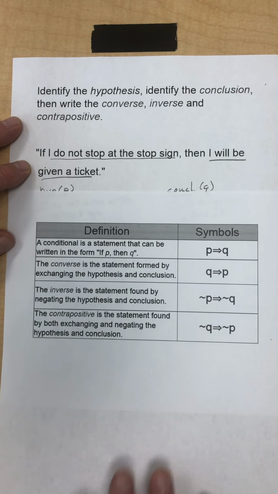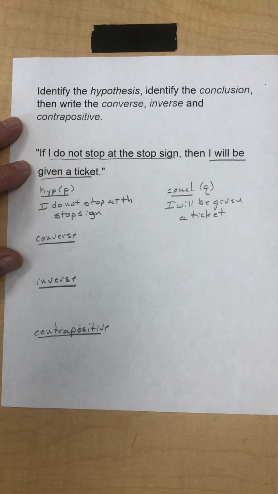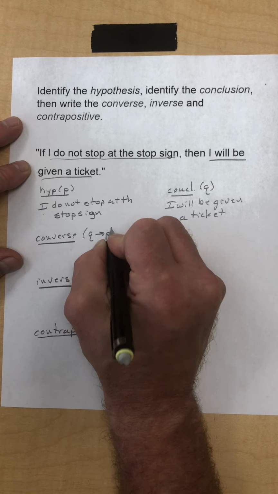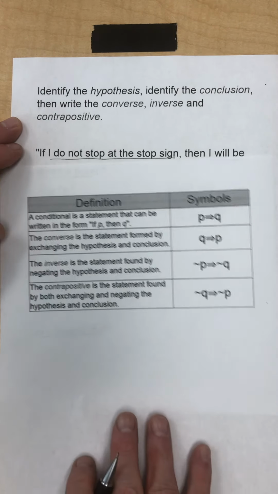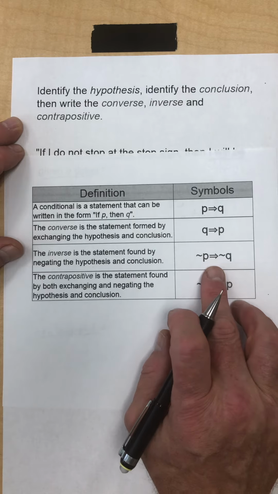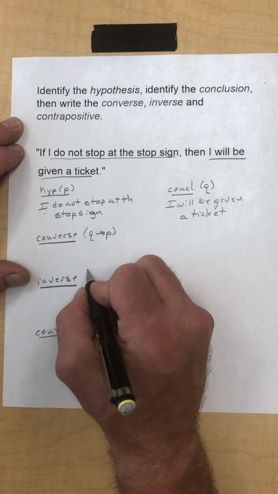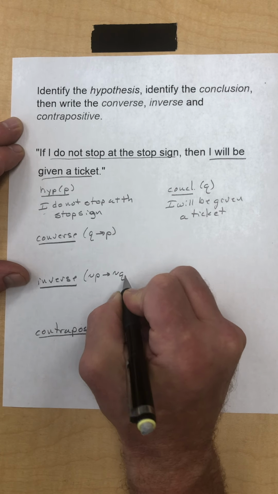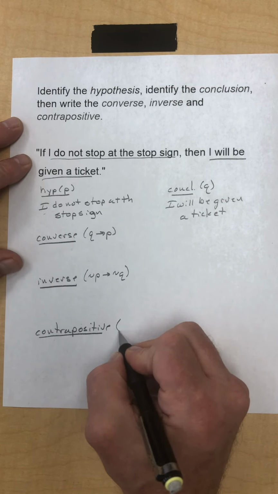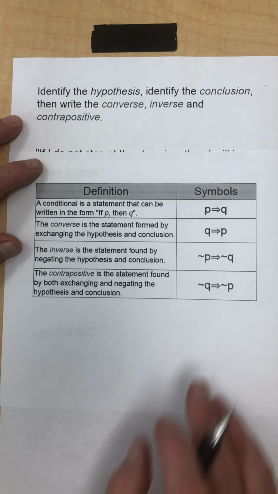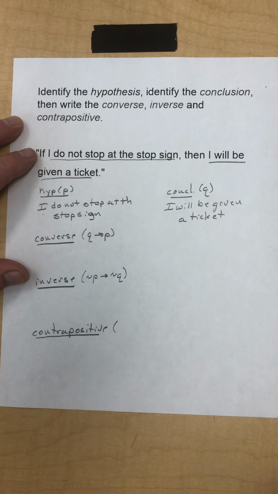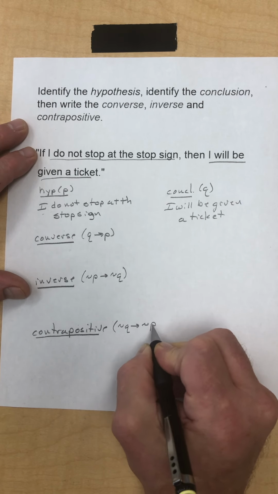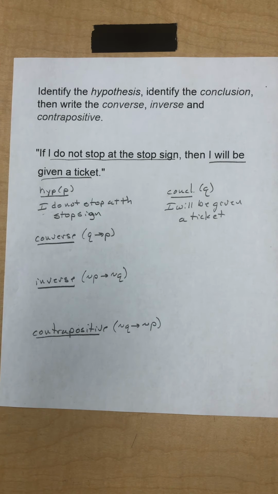For the converse, we don't negate anything, we just switch: if Q, then P. For the inverse, we don't switch them, we just negate them: if non-P, then non-Q. And for the contrapositive, you both switch them and negate them: non-Q implies non-P, or if non-Q, then non-P.